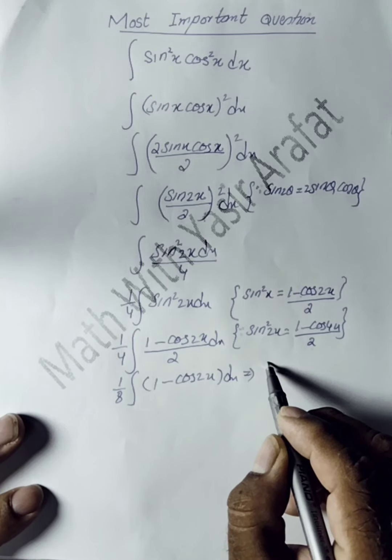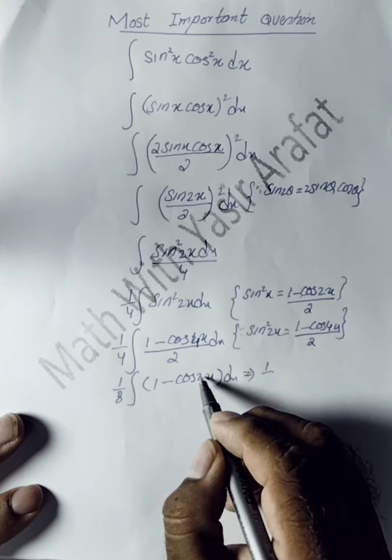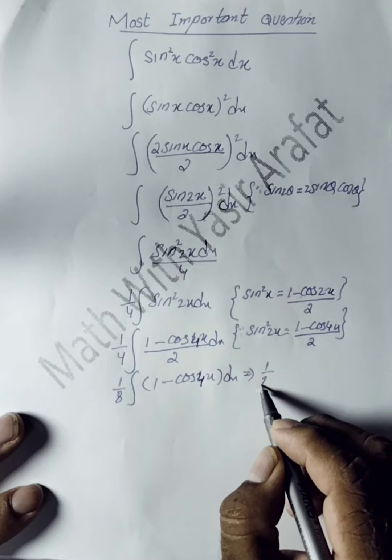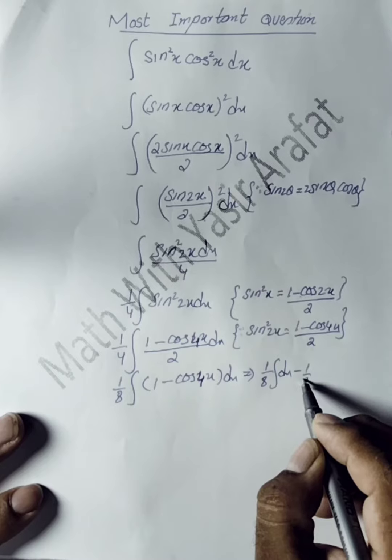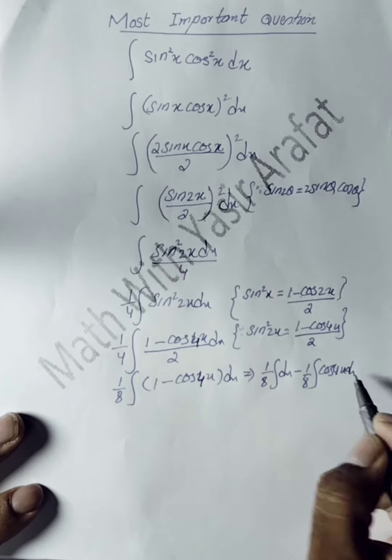Separate the sign of integration here. So now this is 1 upon 8, the integral of 1 minus the integral of cos 4x dx.